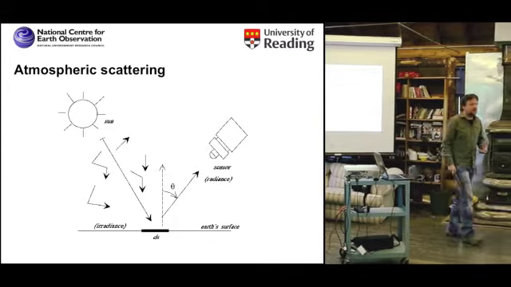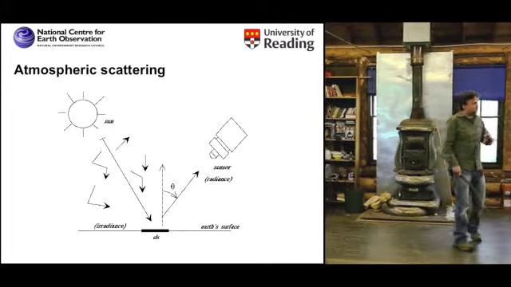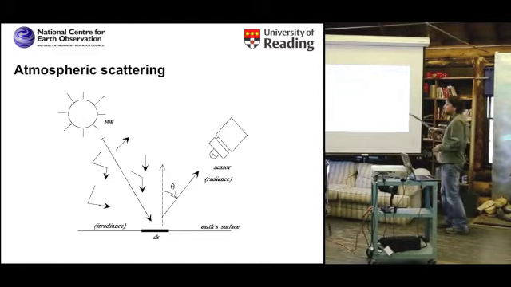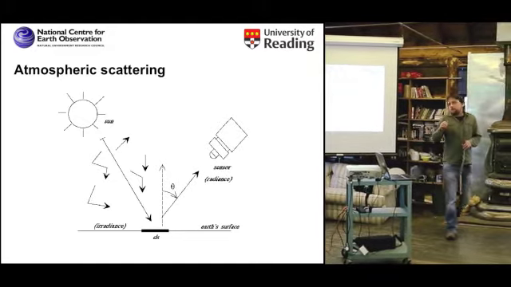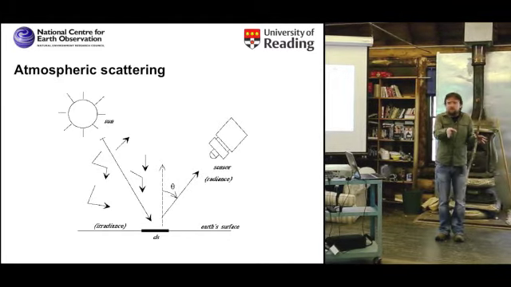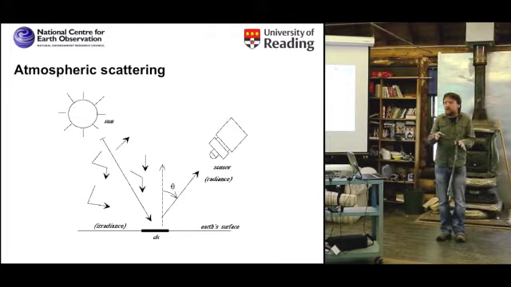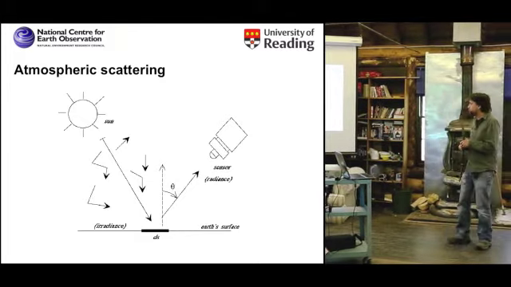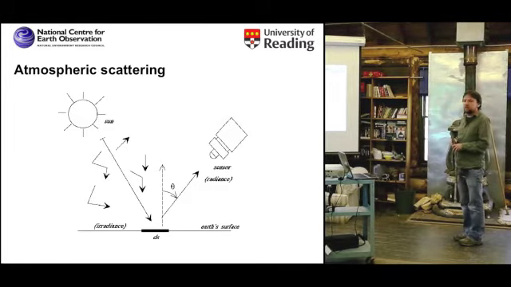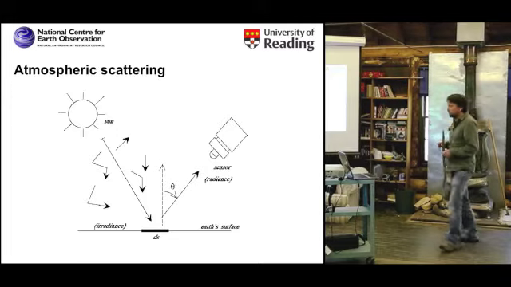And so the atmosphere is this huge problem, and it induces a whole bunch of noise and biases in what we observe. And I'm going to conveniently forget about that for the rest of today. But if anybody wants to talk about it, I'm very willing to do so. I guess the thing to say about this is we have methods for dealing with that that are pretty good nowadays. Not perfect by any stretch of the imagination, but pretty good.